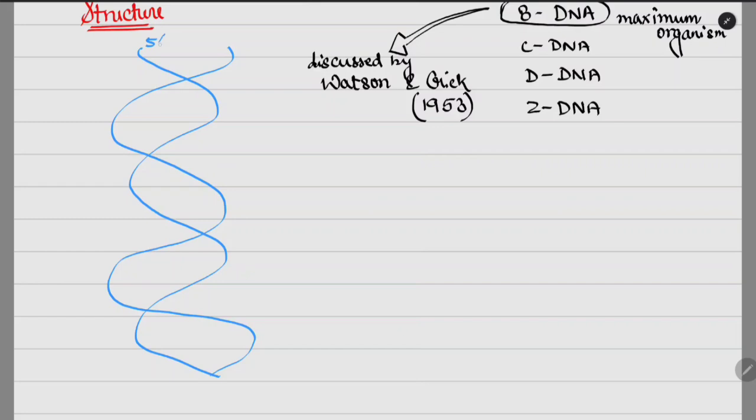It has two ends, 5' and 3' end. Simultaneously, when you go here, one will be 3' and one will be 5'. Now I should use another color here. Now this is a whole turn, and this turn is 3.4 nanometer and has 10 base pairs present.